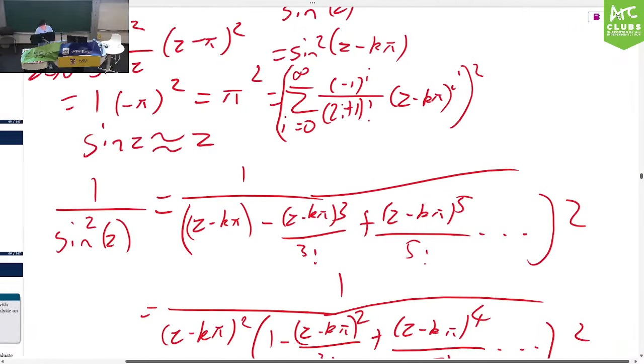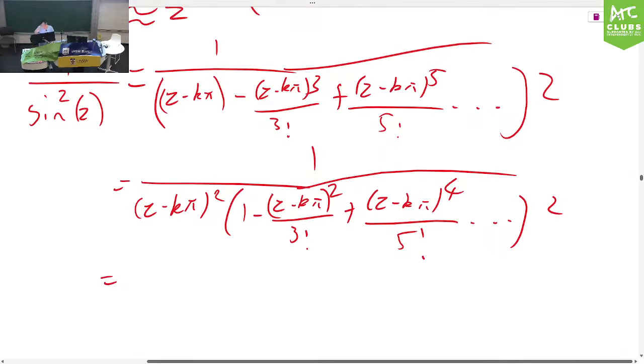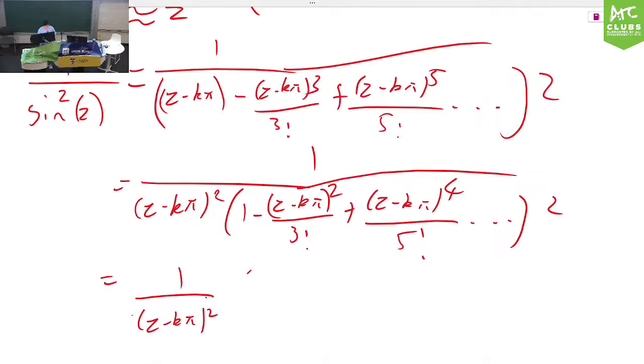Technically I can take this squared out of here and put the square on the whole thing. So I have 1 minus, I'm going to unnecessarily do that.